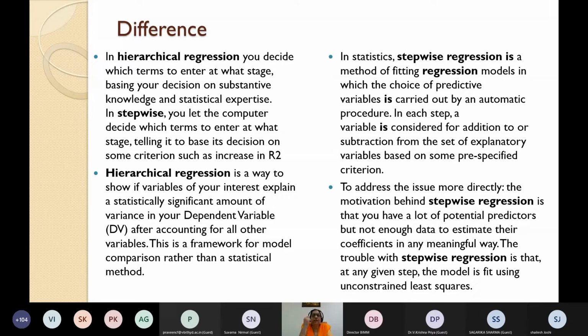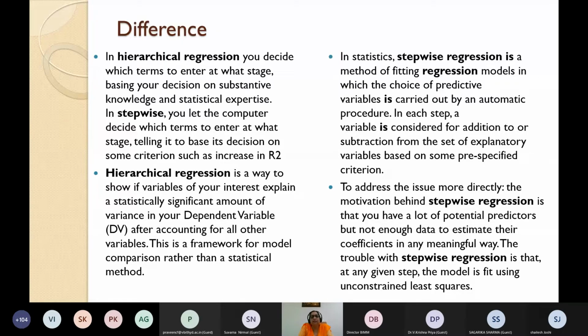So hierarchical regression is a way to show that the variables that you believe are actually making a difference in the dependent variable, you are accounting for all of them. So this particular method, hierarchical regression, is a model comparison rather than a statistical method.